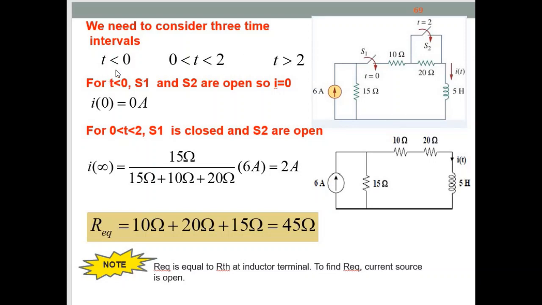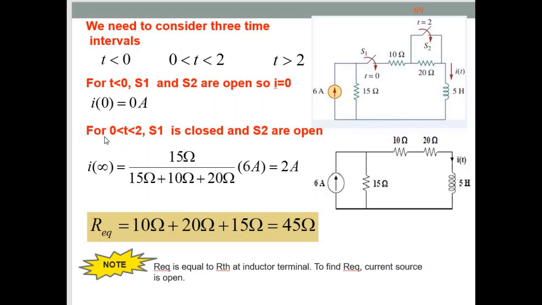So these are the 3 time intervals of circuit analysis that I mentioned earlier. When t less than 0, I naught becomes 0 ampere. It is good if you can draw the circuit according to these time intervals, because it will assist you in analyzing the circuit, and marks will be given for the drawn circuit, because it shows that you understand the operation of the circuit according to this time interval.